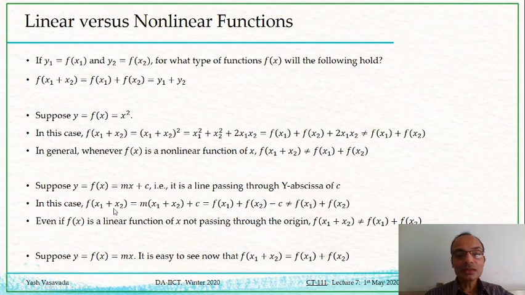And you can see that very easily. If I plug in x1 plus x2 in this equation, I get f(x1) plus f(x2) minus c. So technically, even this line is not a linear function for which this relationship holds. But if y is equal to mx, m times x, meaning it's a line passing through the origin, then finally we have this equality satisfied.